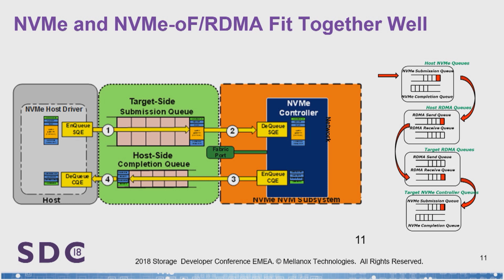The hardware will fetch the command and the data, and it will perform the operation. At the end of the operation, it will enqueue a completion element and inform the host about the end of the operation. And exactly as with the queues we talked about in the RDMA introduction, we can poll the completion queue, or we can ask for interrupt-driven completion.